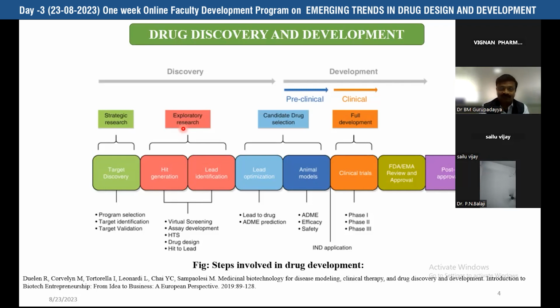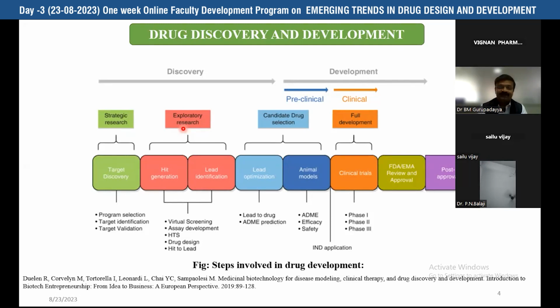Accordingly, we select the disease, and then the models are available, the computer-aided drug discovery models, or CAD facilities. These facilities support the entry of the molecules into the final stage.